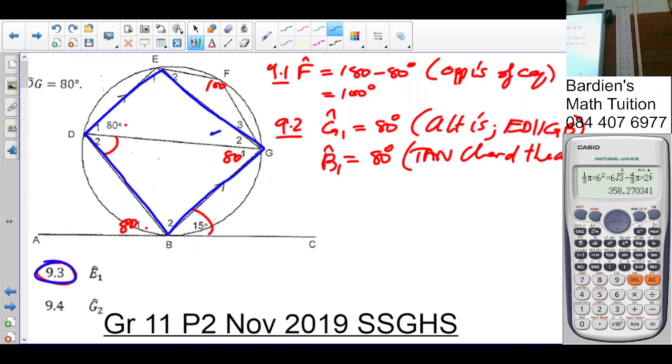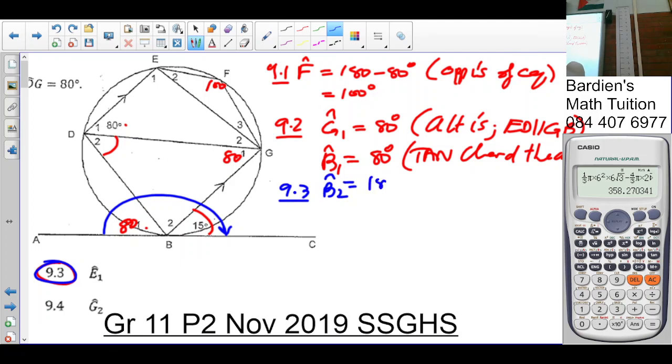Sum of triangles. But simple, at this point we can calculate B2. Why? So you're going to use angles on a straight line. So 9.3 we're going to say that B2 is equal to 180 minus 80, which is 100 minus 15. And the reason is angles on a straight line. So it's going to give you 85. Is that correct? 85 degrees.